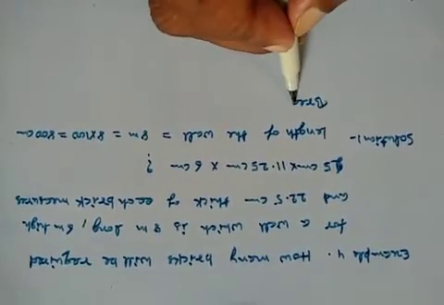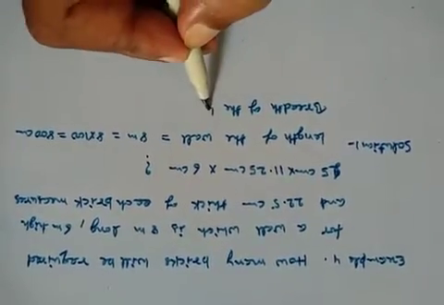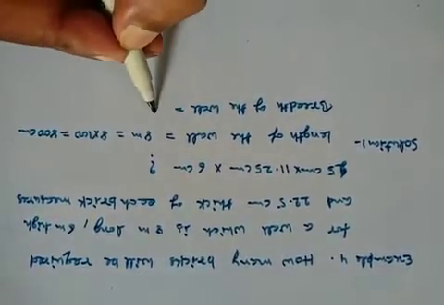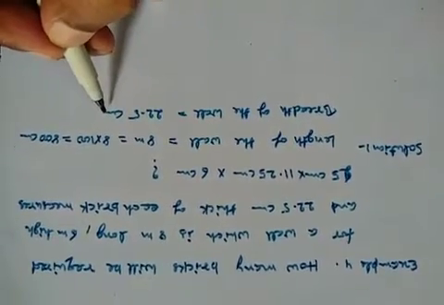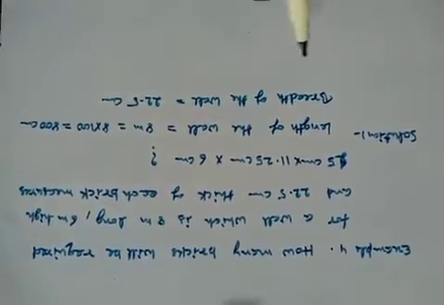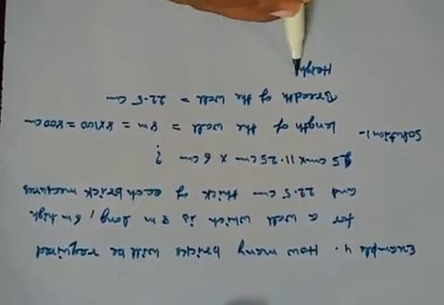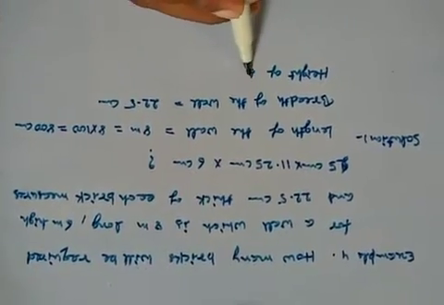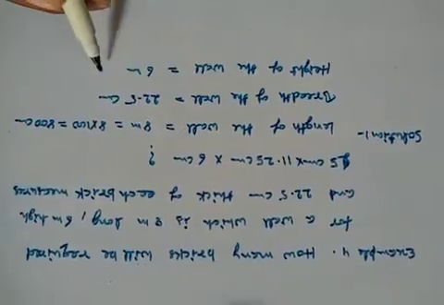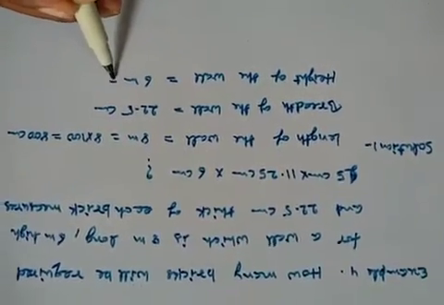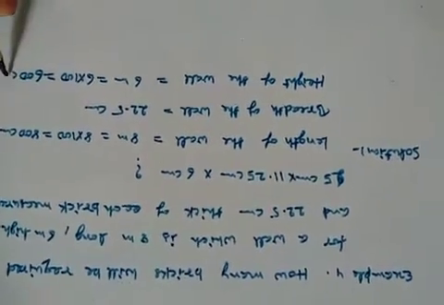Breadth of the wall equals 22.5 centimeter. Height of the wall equals 6 meter equals 6 into 100 equals 600 centimeter.